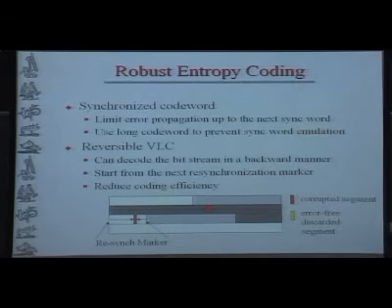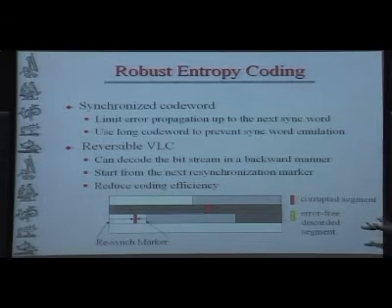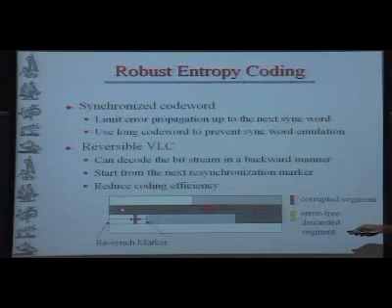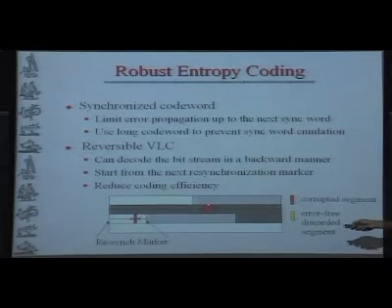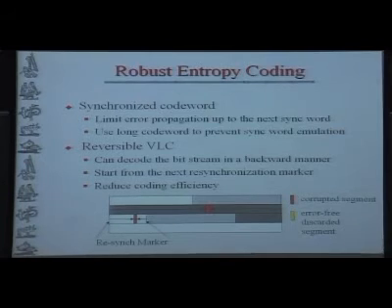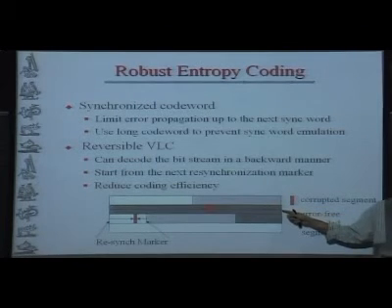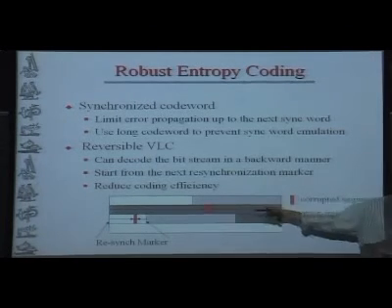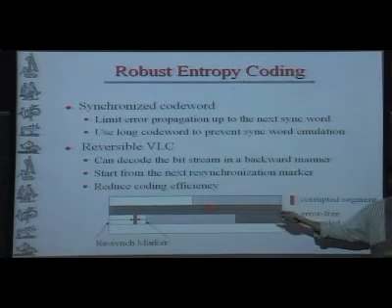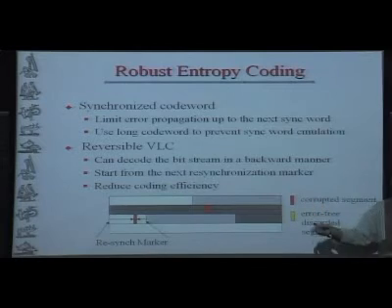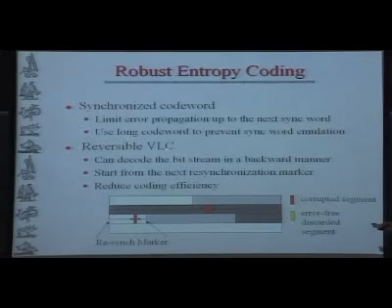But if you have a reversible code, what it means is, if you decode from the left, you run here, run into errors, you say okay, fine, I'm going to start from the right and go backward. So I can decode from the left as well as from the right, and that is called reversible VLC.